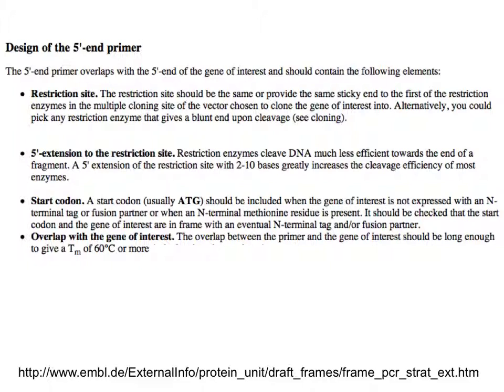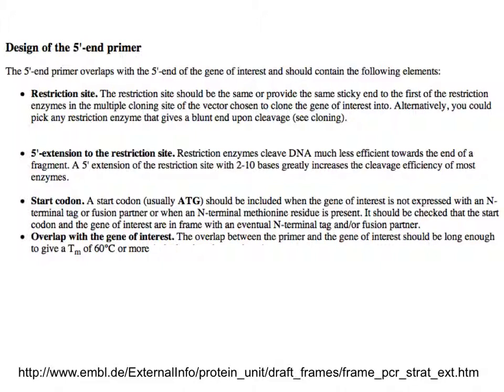If you're designing primers, there are 2 types of primers. First, the 5' end primer. When designing it, this overlaps with the 5' end of the gene of interest and should contain the following elements: a restriction site, which will allow you to clone in the insert; a 5' extension to the restriction site, which allows the restriction enzyme to actually sit on the site and cleave it, usually about 2 to 10 base pairs long; and then the start codon, usually the ATG methionine, which should usually be present.